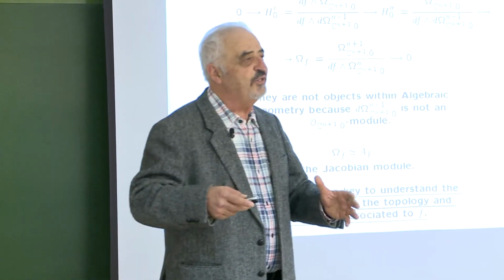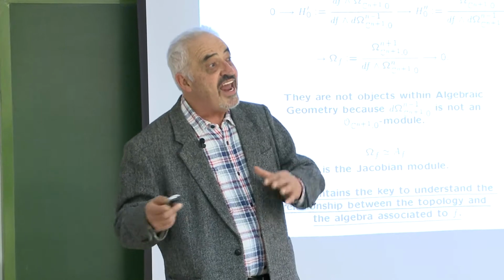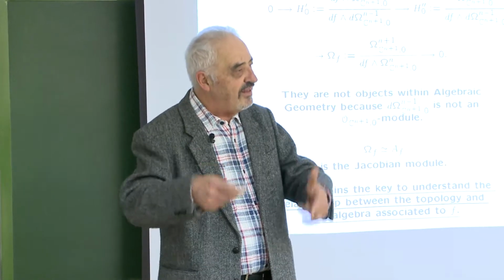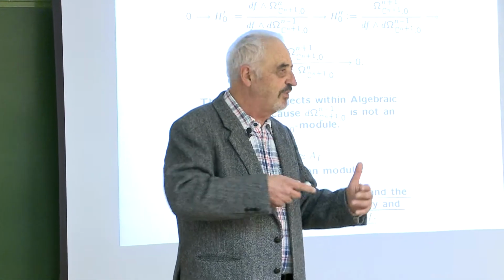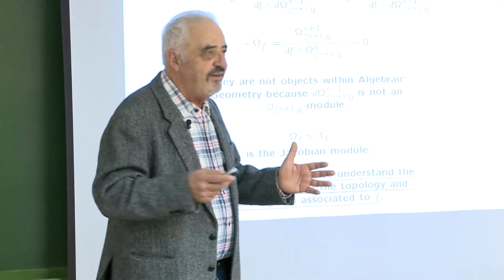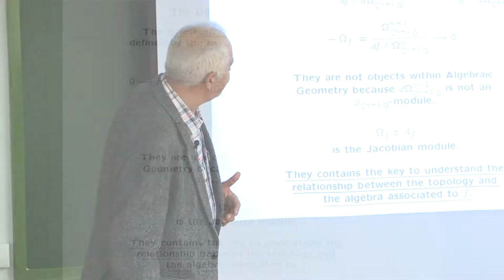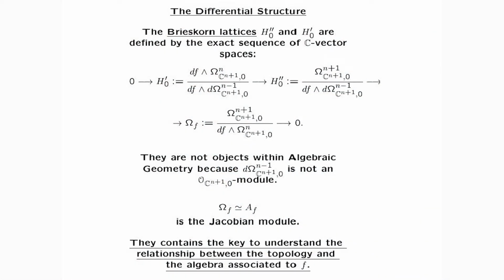What's the relation between the nilpotent operator n, which is applied on the cohomology, and multiplication by f in the algebra? You know, they seem to be very unrelated guys. And so the relation becomes clear when you consider what's called the Brieskorn lattice.